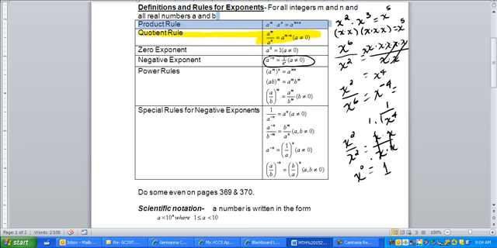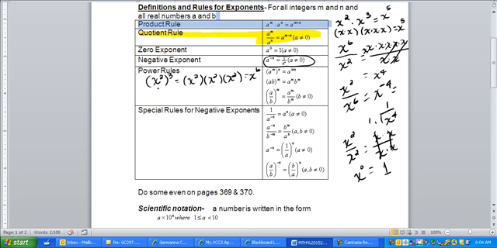A to the m raised to the n. If we have x squared cubed, that means we have x squared times x squared times x squared. That gives us 2, 4, 6 factors of x.